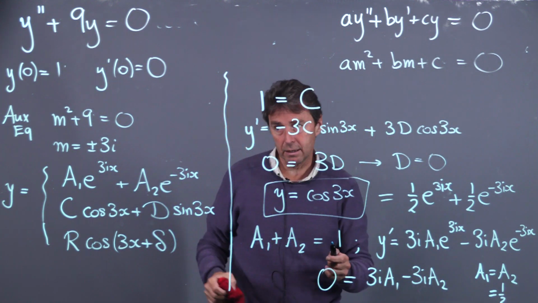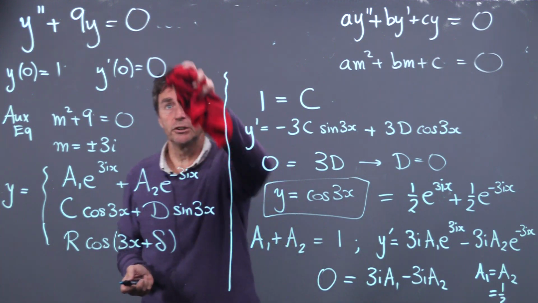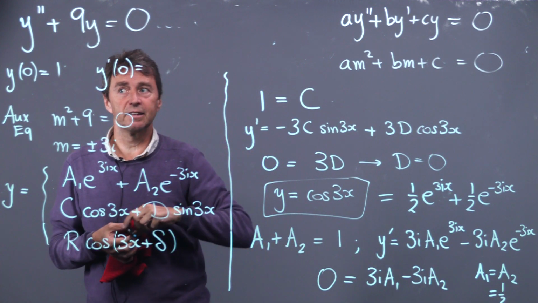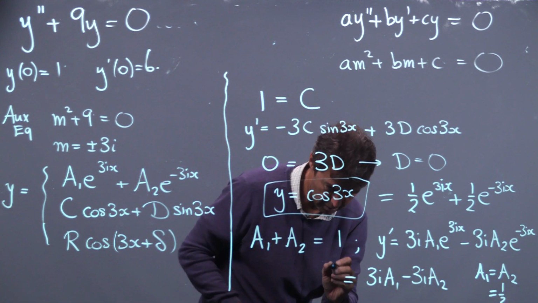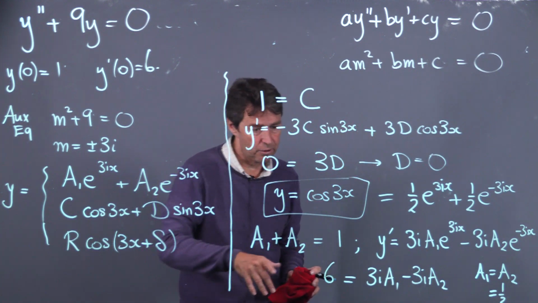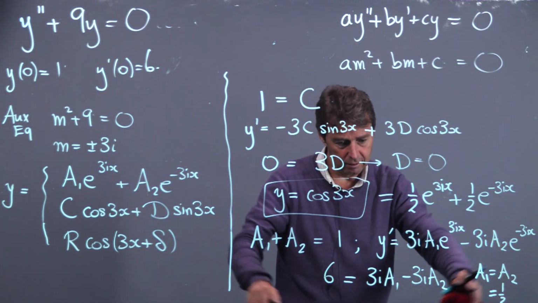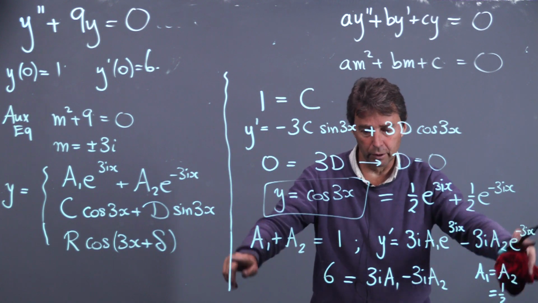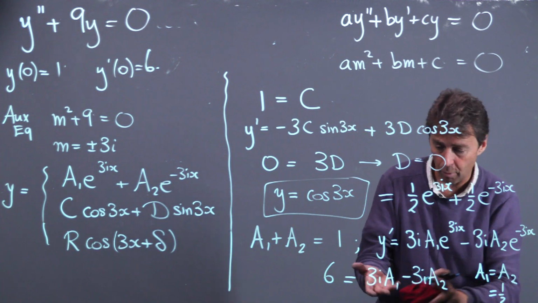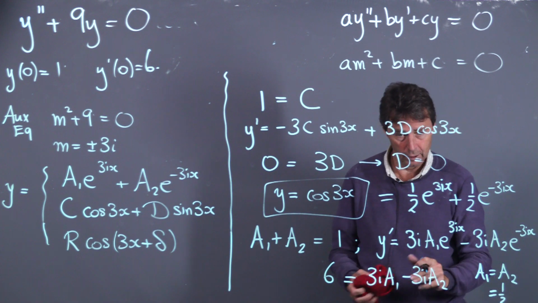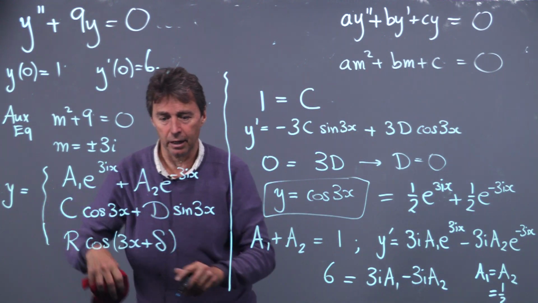Now, had I had a slightly more complicated initial condition, let's say I had 6 there, for example, then down here I would have had a 6, and then I wouldn't have been able to cancel off the i's, and the solution of these algebraic equations for a1 and a2 would have ultimately given me complex values for a1 and a2, and so the solution here would have had these complex numbers in there.